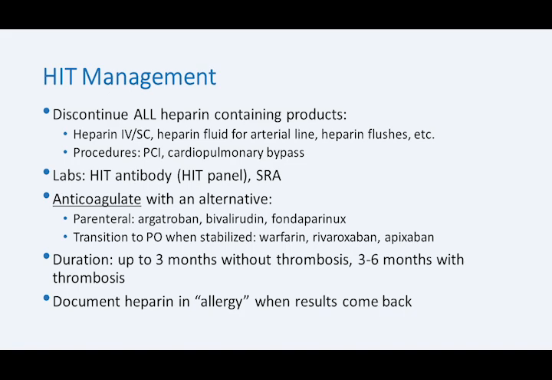It's usually a lengthy time on full anticoagulation for patients with confirmed HIT: up to 3 months if they don't have any thrombosis, or 3 to 6 months if they have some sort of clot resulting from HIT.